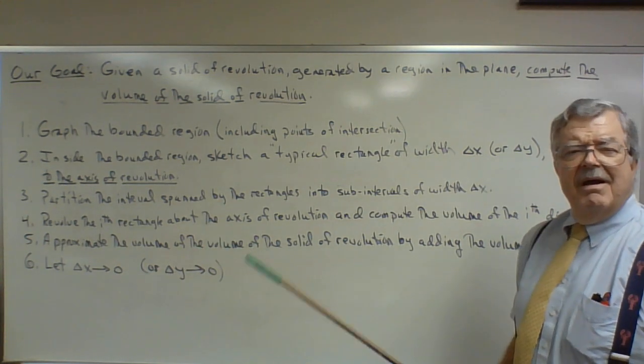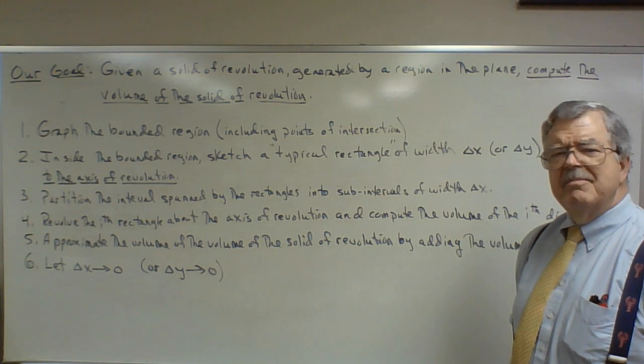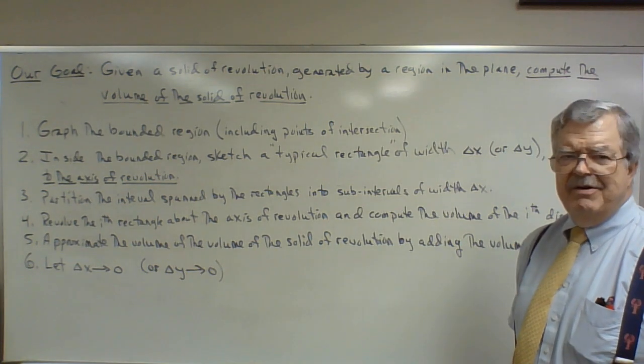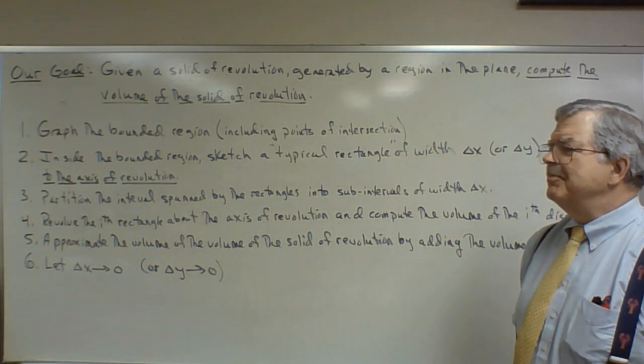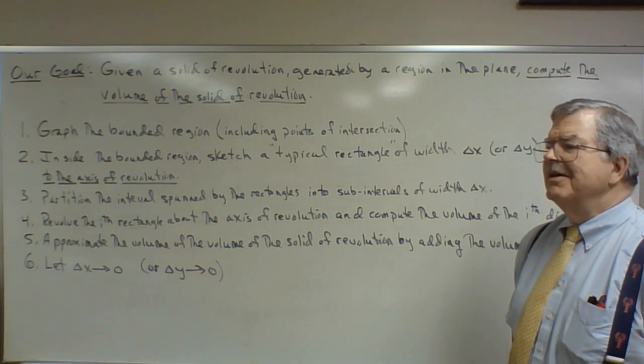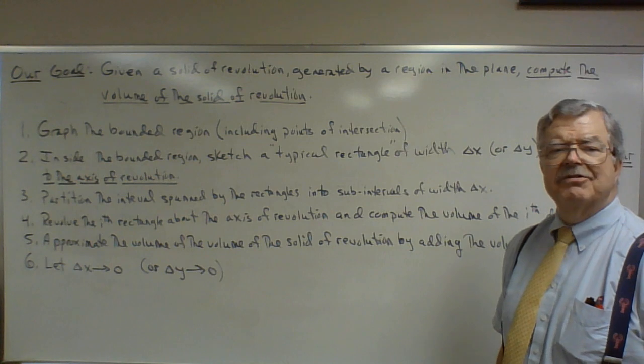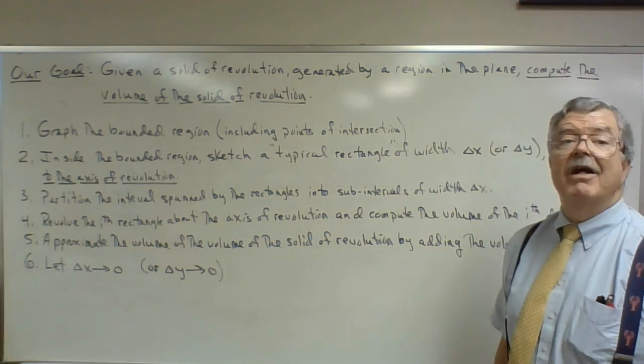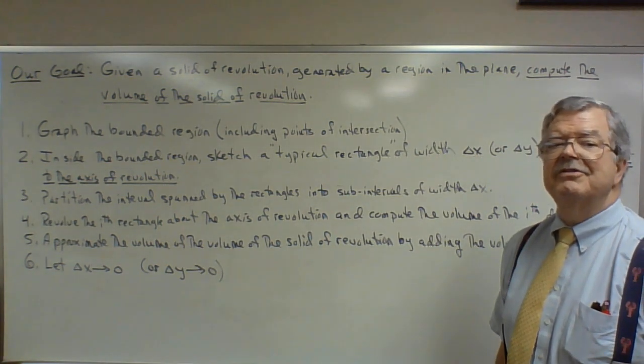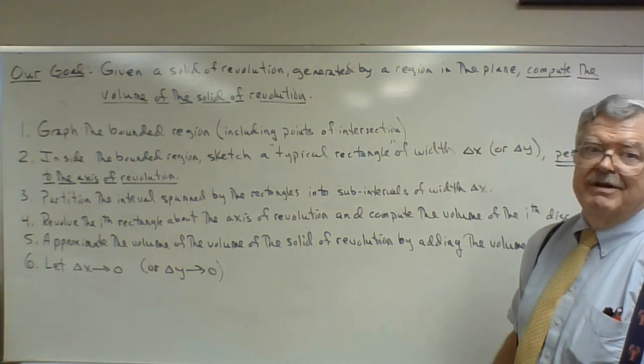And our procedure is pretty much the same as in an area problem, except instead of adding up the areas of rectangles with width delta x, we're going to be adding up the volumes of disks of thickness delta x or delta y.